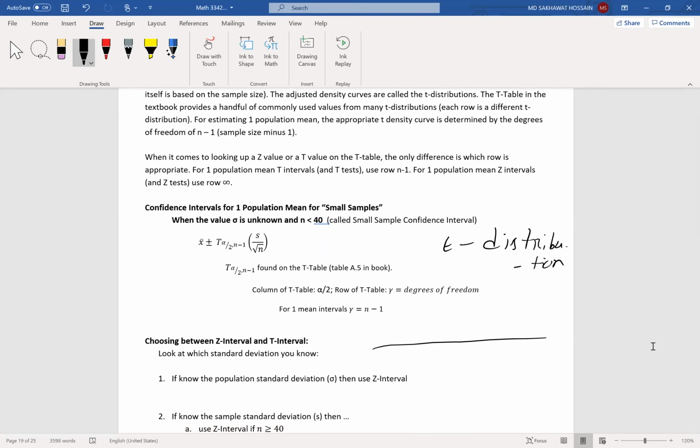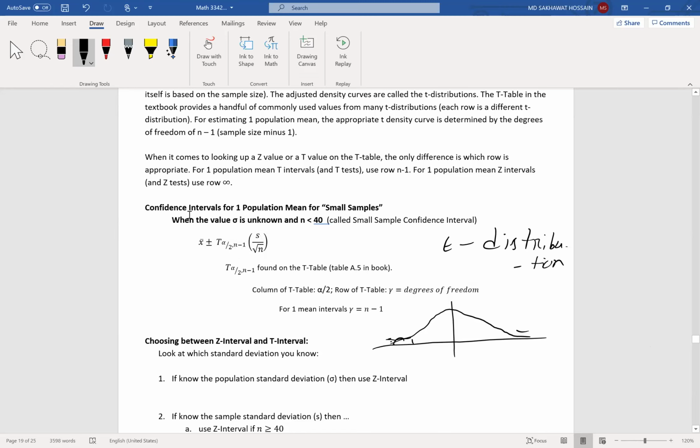The properties of the t distribution are similar. It is also bell-shaped and symmetric, but the difference is it has thicker tails than the normal distribution. That means it has more values on the tails.